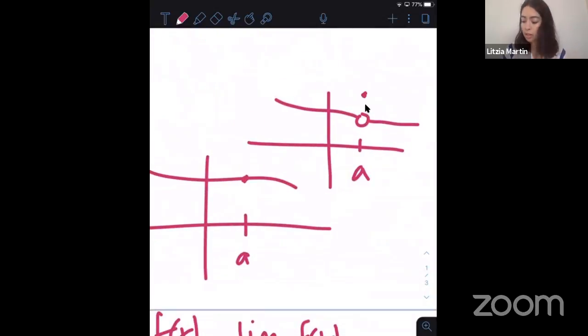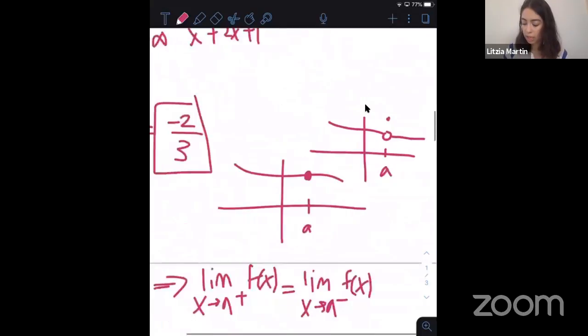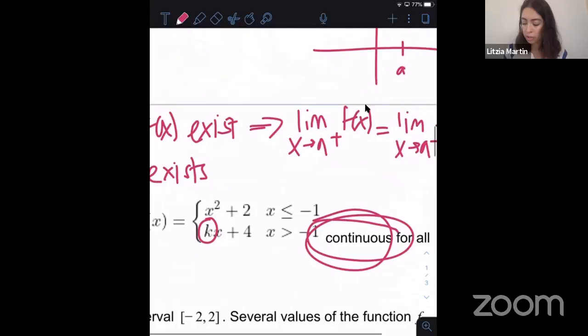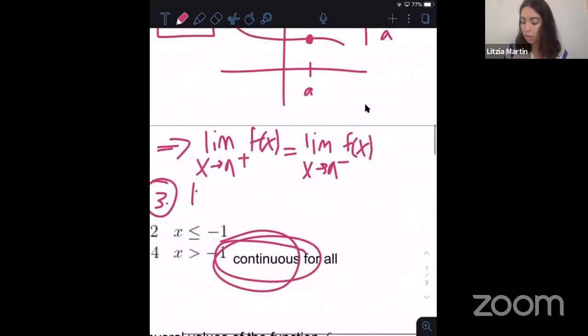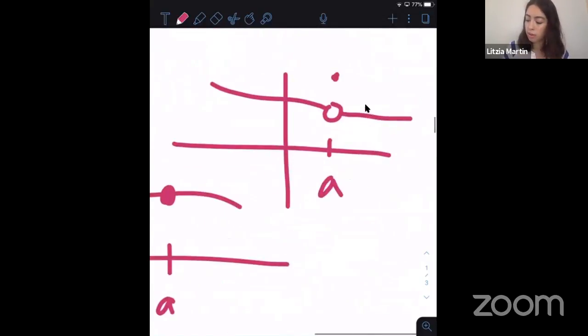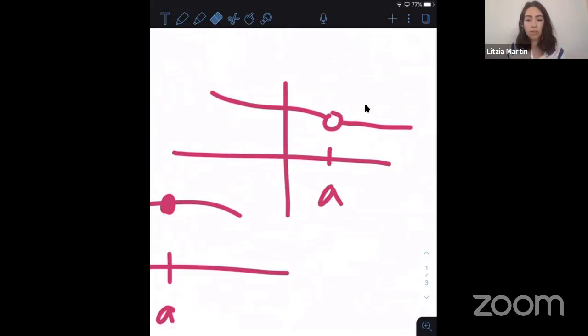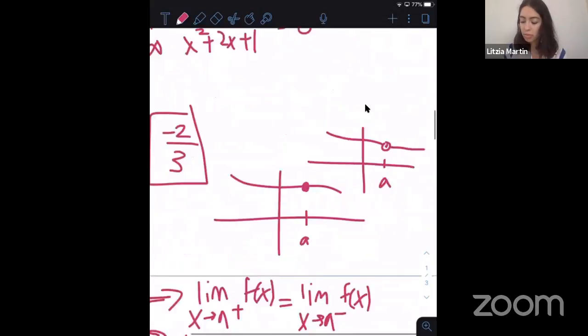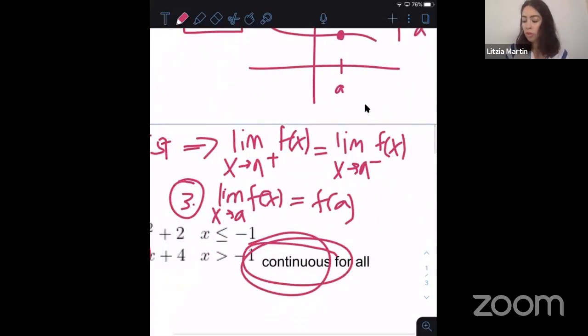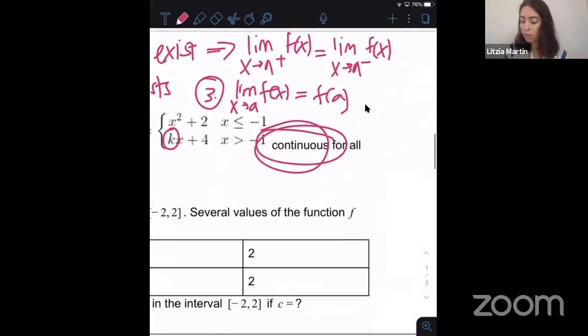It's not yet proven that the point meets where that hole could be. That comes with the third step, and that is the limit as x approaches a must equal f of a, because that's the only way that this point will fill that hole to make a continuous function. So that is our test for continuity, and that is what we need to make true for this function in this problem.